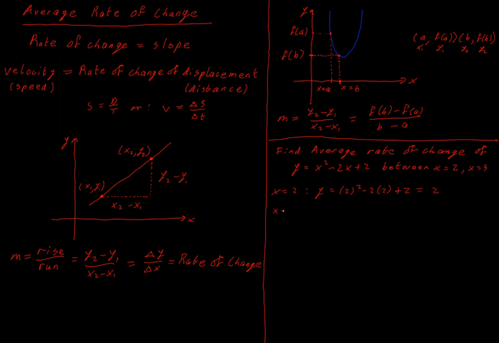And when x is equal to 3, y is equal to 3 squared minus 2 on 3 plus 2, which is equal to 5. So my first point would be at 2, 2. And my second point is at 3, 5.